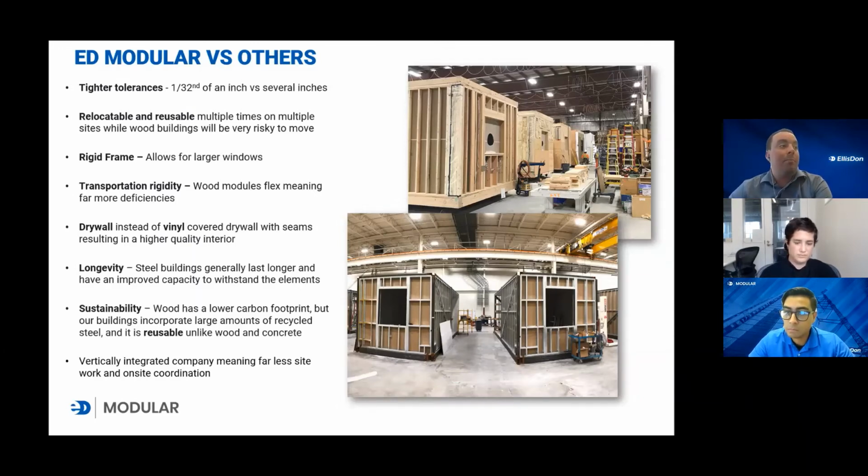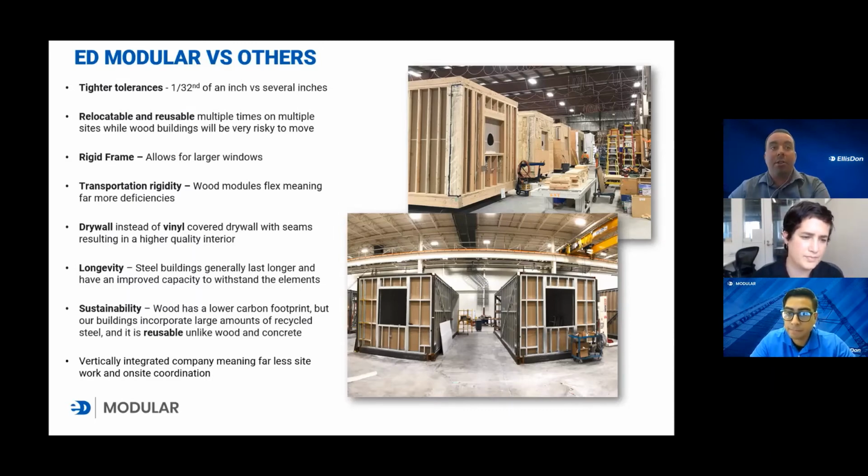But to be able to provide some more standard finishes, particularly when we're looking at the housing market, standard drywall may be a little bit better option, and for longevity as well. With steel just being the type of structure it is, you can have a little bit longer longevity.